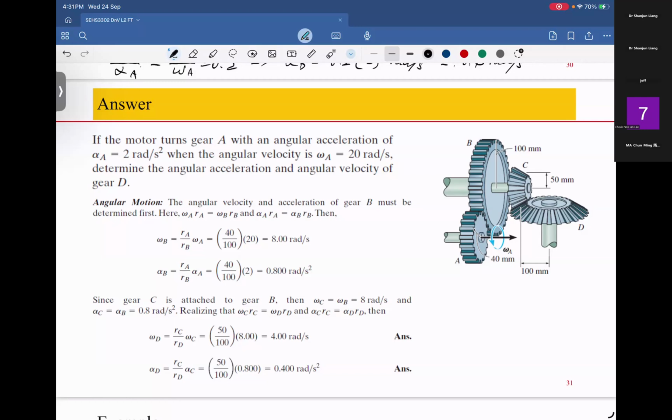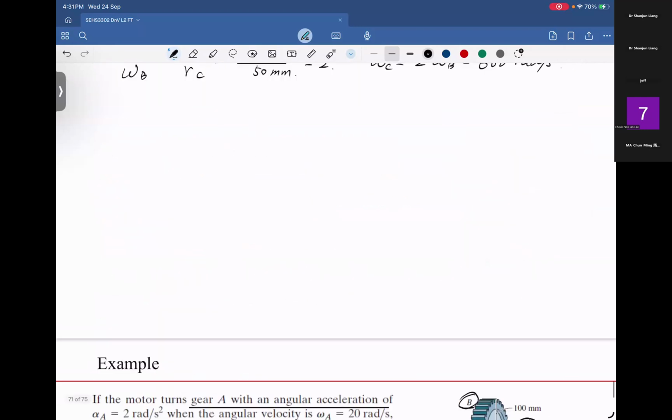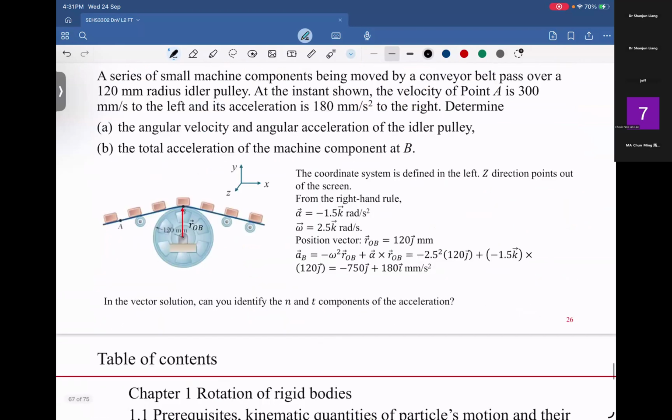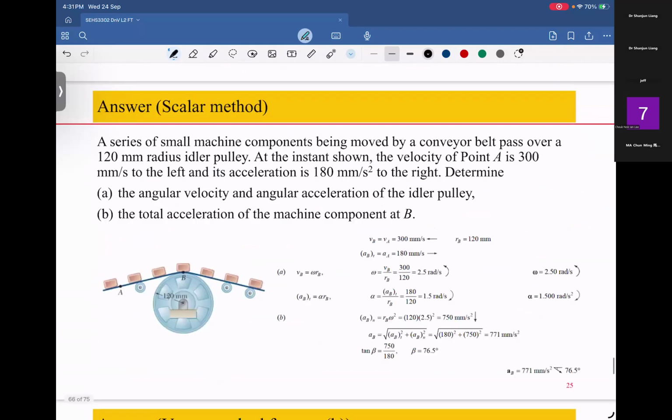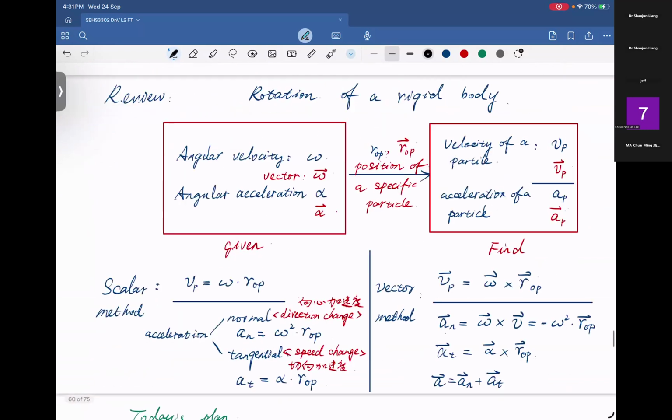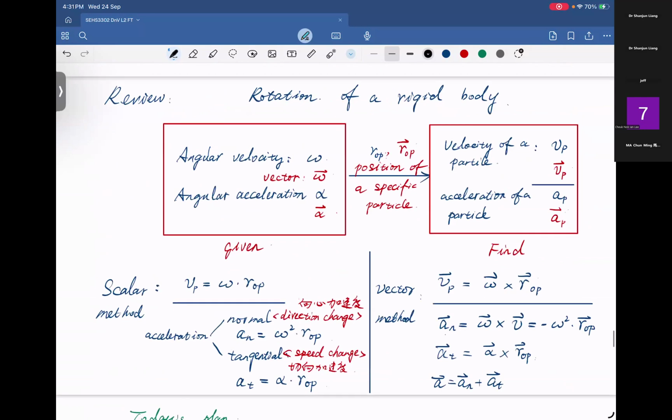Before we come to the next part, you should know that up to now, from the beginning, we have those formulas, and together we learned the drive ratio.